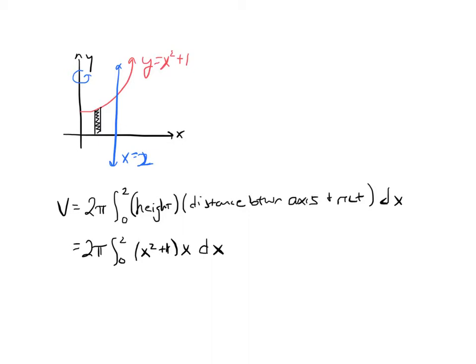So you can integrate by hand or use your calculator, and this should come out to be a volume of 12 pi. You should get the same exact volume if you decided to use washers and discs instead here. It's just here it's a little more convenient because we only have one integral instead of two.